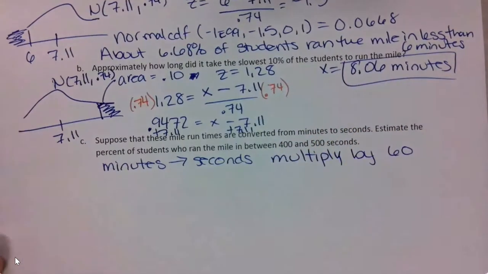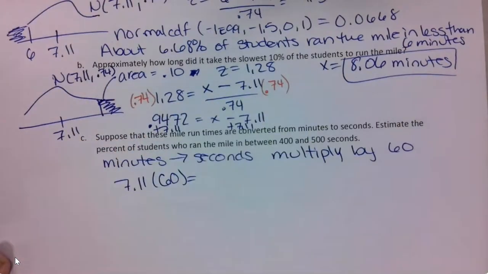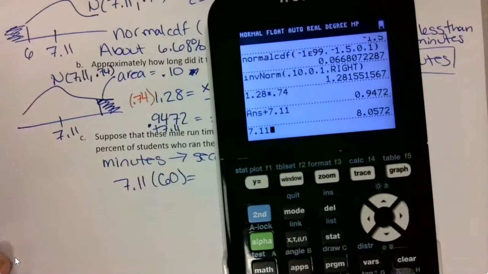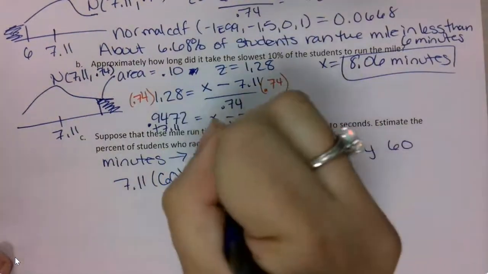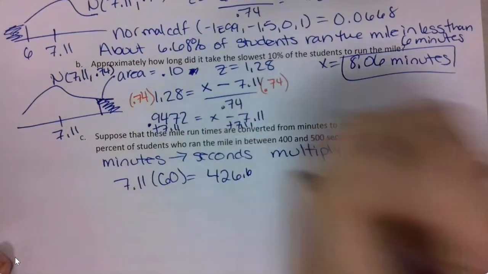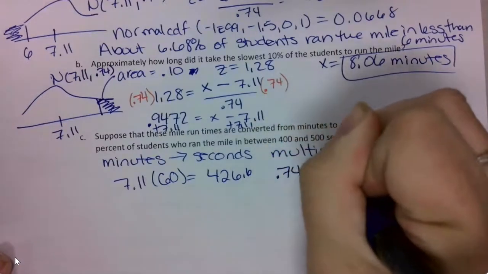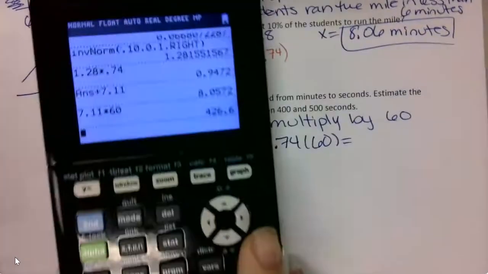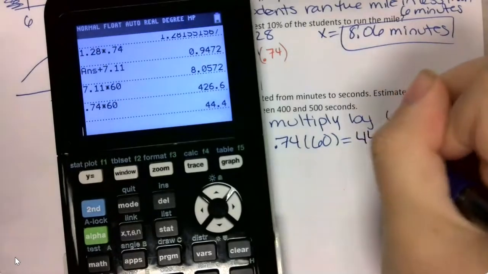So I'm going to take the 7.11 times 60, which gets me 426.6 for my mean. And then I'm going to do the same thing for my standard deviation, so the 0.74 multiplied by 60, which gives me 44.4.